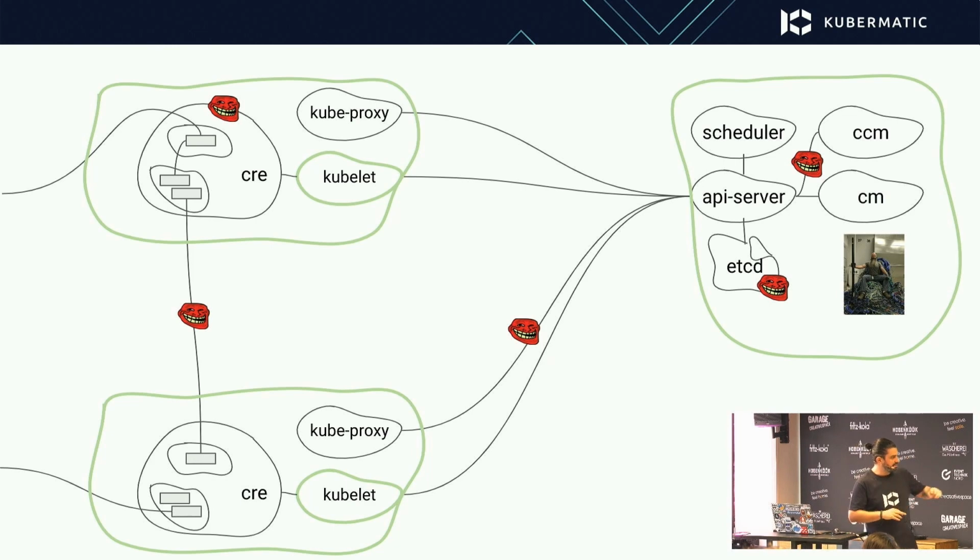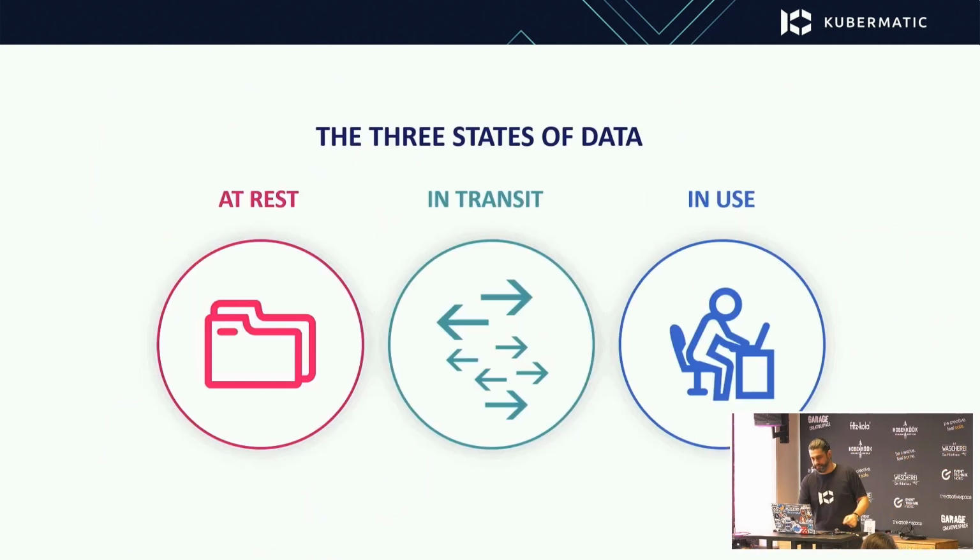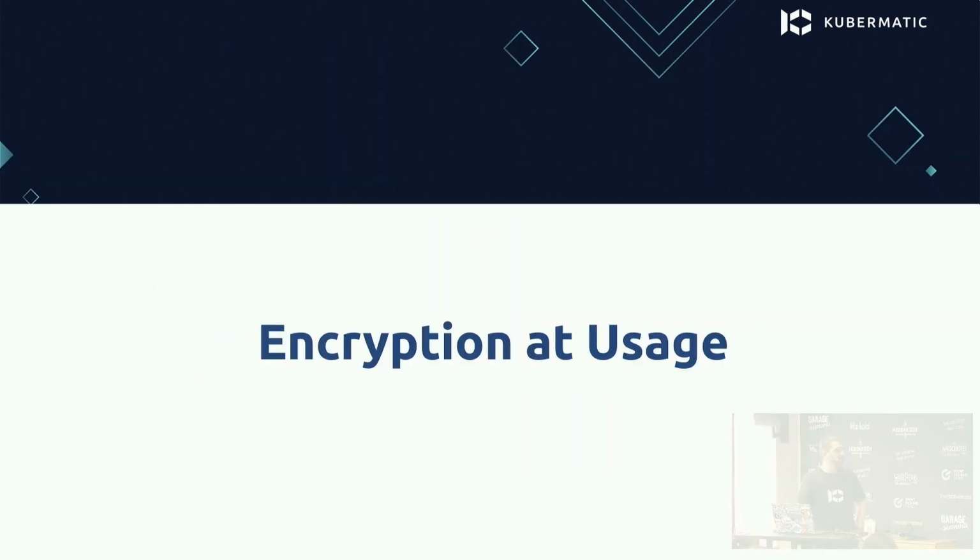With transport, it could be pod-to-pod communication, or from API server to kube-proxy or kubelet configuration. It could be in usage within your pods, or it could be at rest in etcd. So we should also make sure that these are safe.